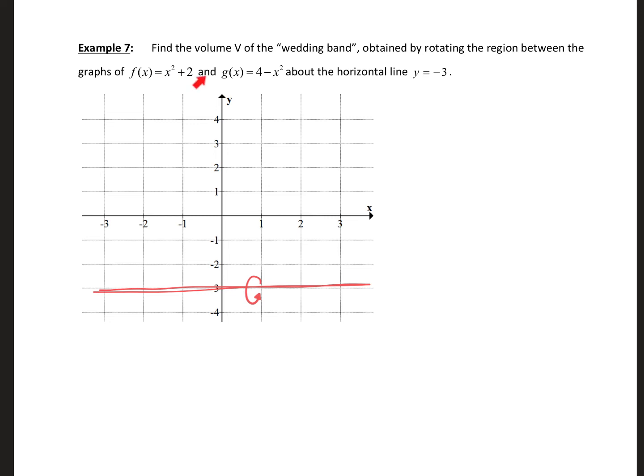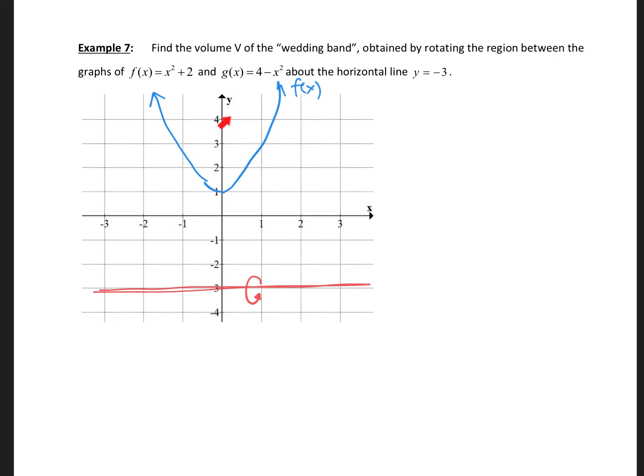So let's draw x squared plus 2. It's a parabola shifted up by 2. When x is 2, it's 2 squared plus 2, so that's 6. Okay, so that's f of x. g of x is 4 minus x squared.